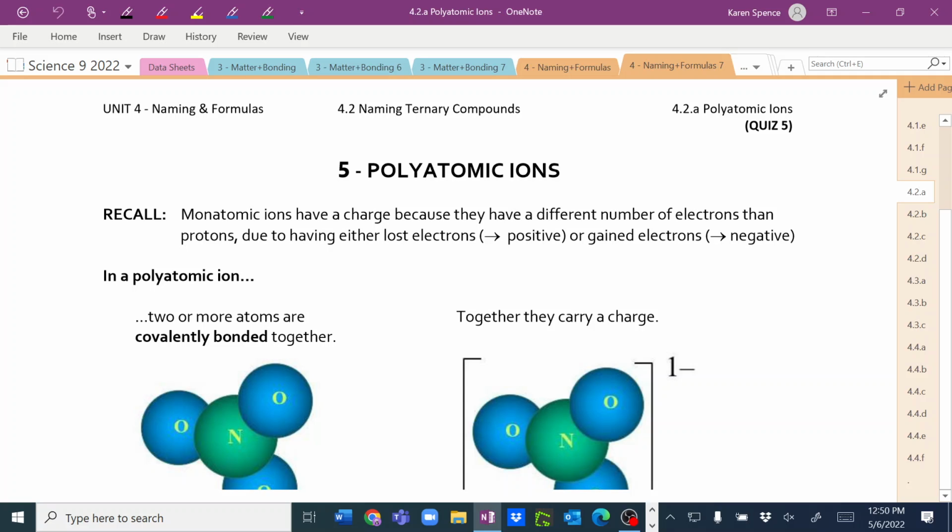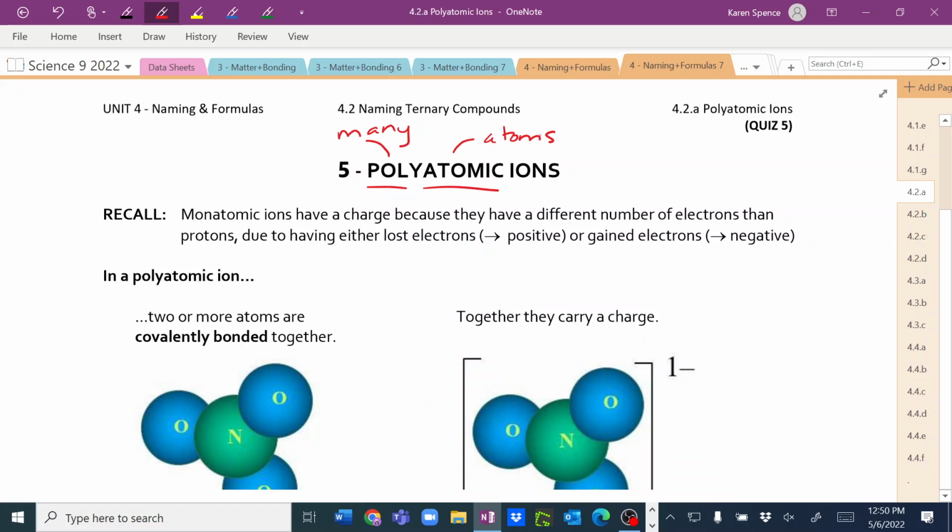So, what does the prefix poly mean? Many. So if we have poly, which means many, and we have atomic, which means atoms, these are ions that are made of many atoms, okay?